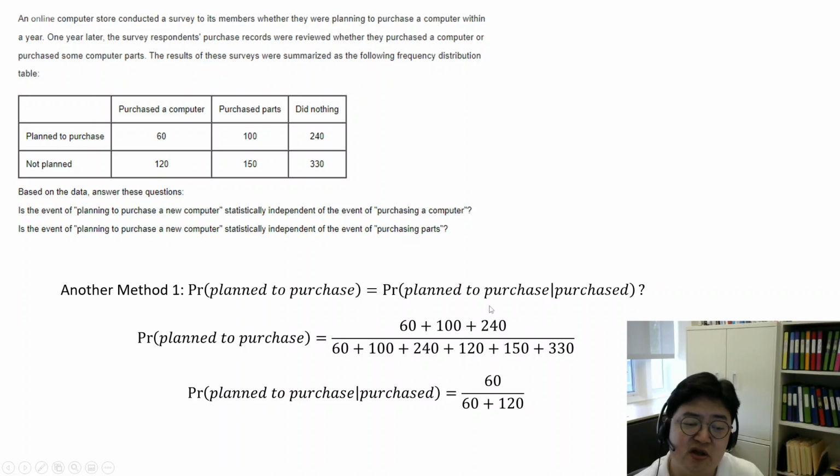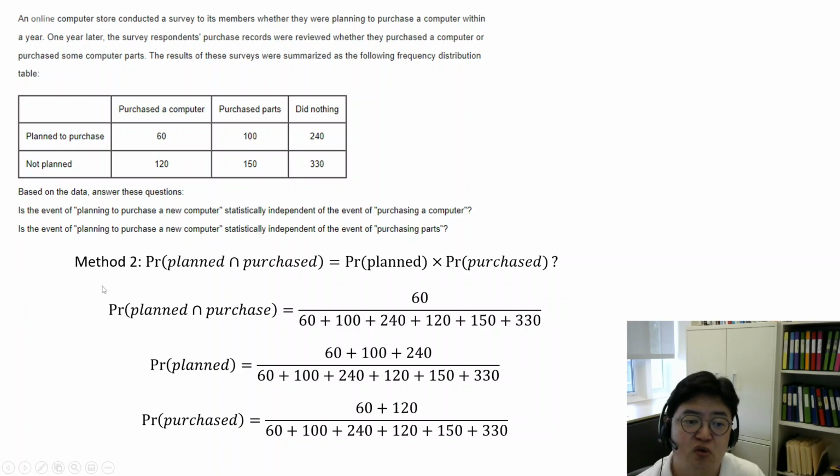By the way, there is another method, method 2, which is based on the special multiplication rule. So in here, you have to calculate 3 unconditional probabilities. So first, probability of intersection, and then probability of planning, probability of purchase, right? All unconditional. So all the 3 probabilities have the same denominator, the whole sample, and numerator changes.